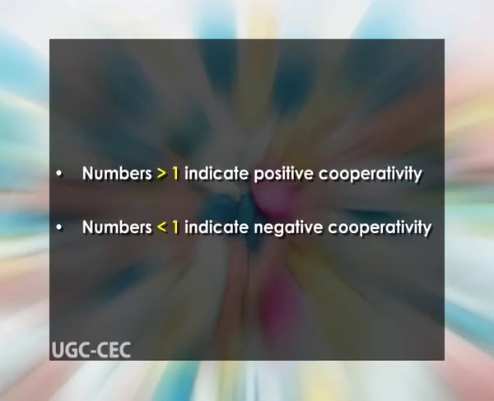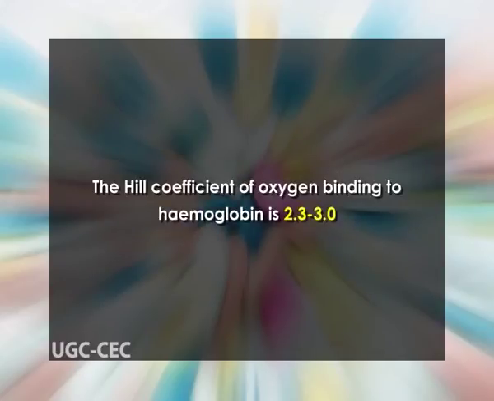A coefficient of 1 indicates completely independent binding regardless of how many additional ligands are already bound. Numbers greater than 1 indicate positive cooperativity, while numbers less than 1 indicate negative cooperativity. The Hill coefficient of oxygen binding to hemoglobin is 2.3 to 3.0.